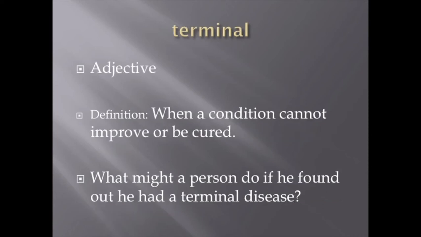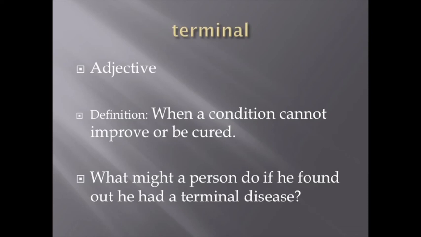The next word on the list is terminal. In this case, the way we're using it this week, the word terminal is an adjective or describing word. The definition of terminal is when a condition cannot improve or be cured. You may also have heard the word terminal in reference to airports, such as when you go to the airport terminal in order to meet your airplane.